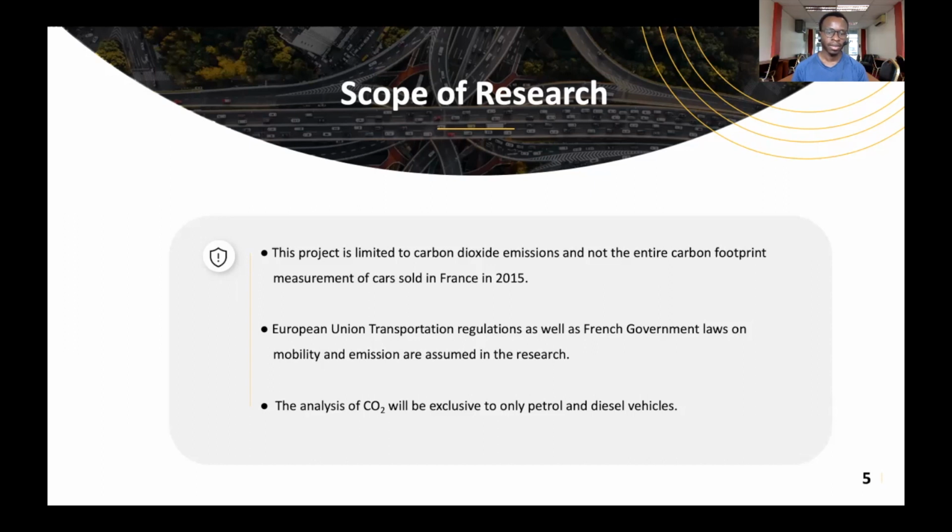The last part is analysis of carbon emissions is only limited to two fuel types, petrol and diesel vehicles. We'll see how feature engineering led to just having two different fuel subcategories instead of the whole fleet of, I think there are about 13 or 16.